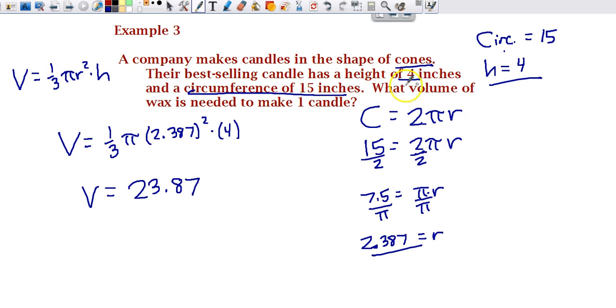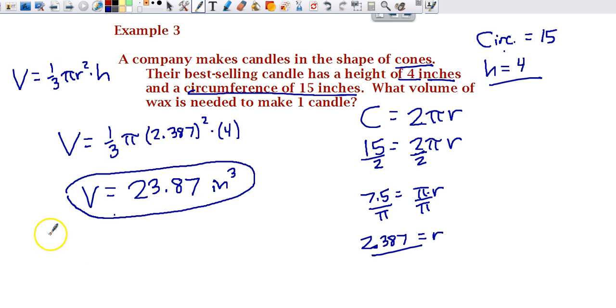What are the units? Well, we start with inches, so it's going to be in cubic inches. Inches cubed. There you go.